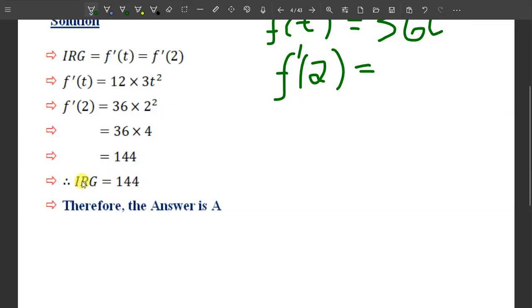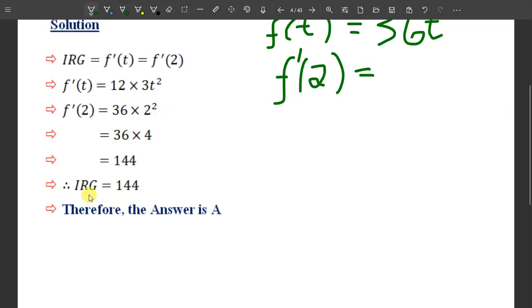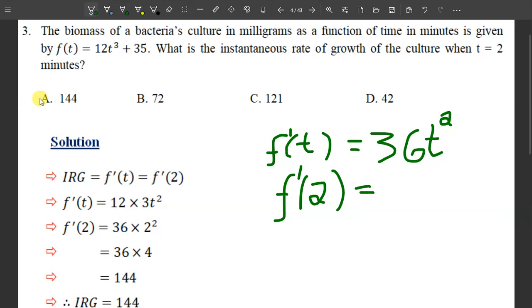This value is what we call the instantaneous rate of change, which is equal to the slope of the tangent line, given by the derivative of the function at the point of tangency. Therefore the answer is A. That is question number 3. Let us see one final question.